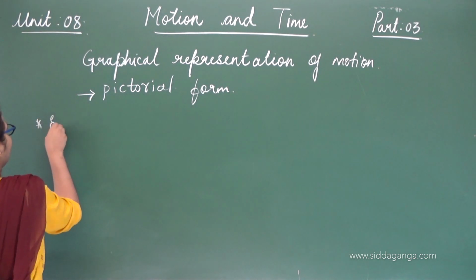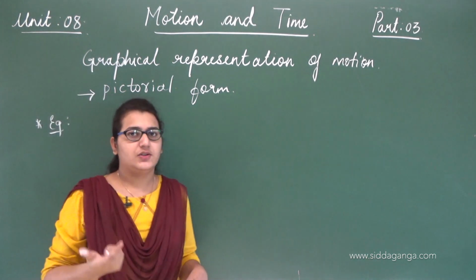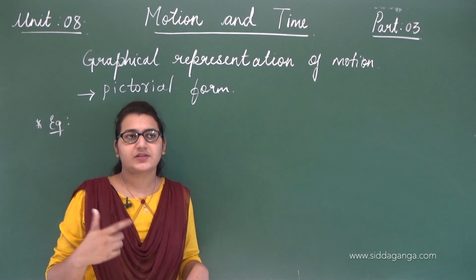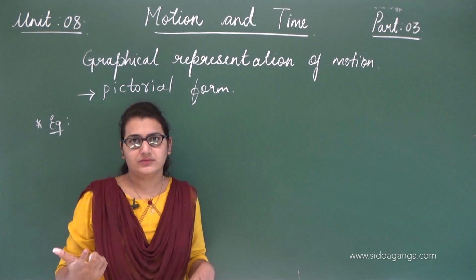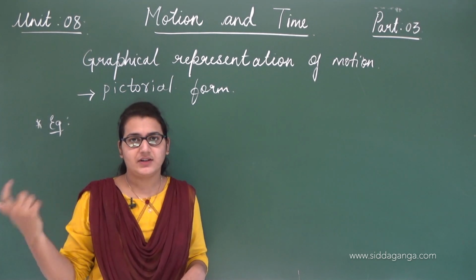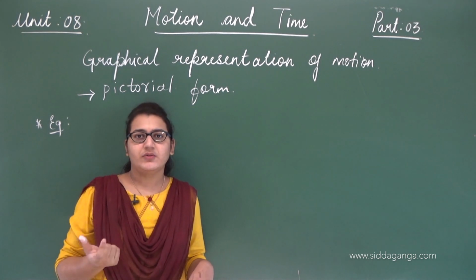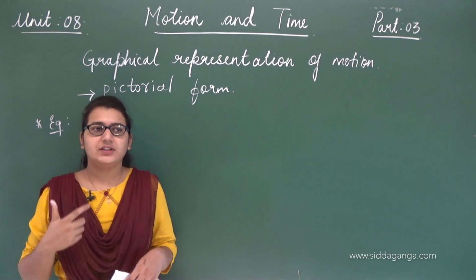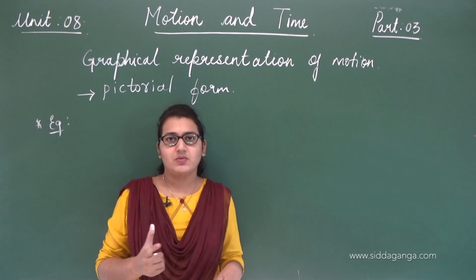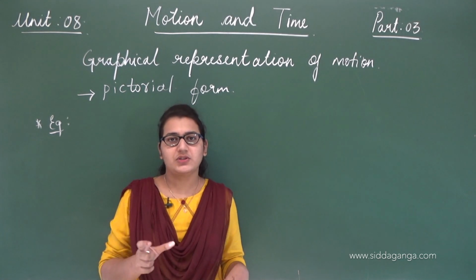Now let me give an example. If there are 100 students and I ask you which is your favorite fruit, everyone will have their own choices. 100 students will have 100 different likes, right? I cannot determine each and everyone's favorite fruit, so I take the most likes.